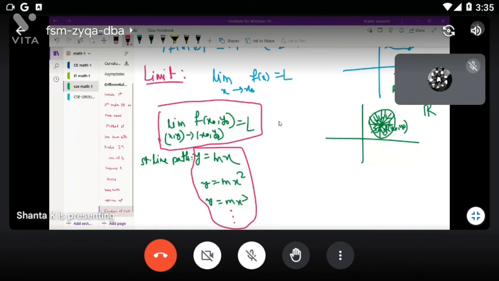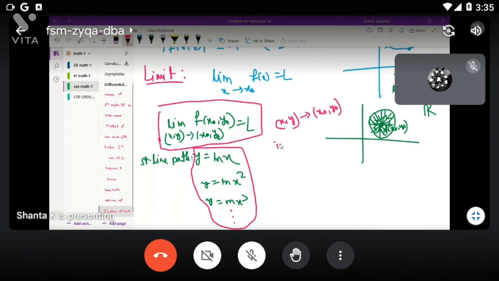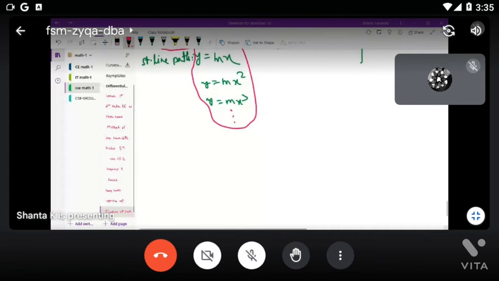So xy approaches x naught, y naught, in the delta neighborhood of x naught, y naught. So there are many ways. Now let me write this one.